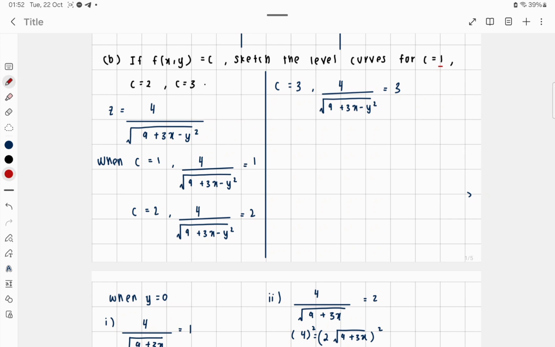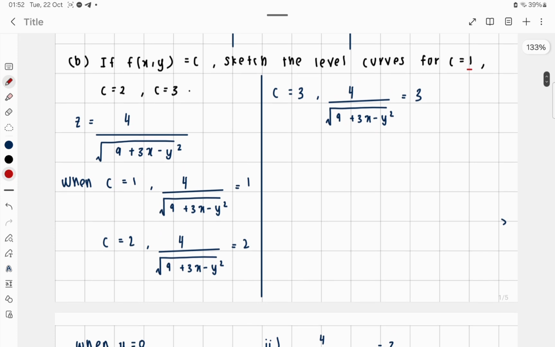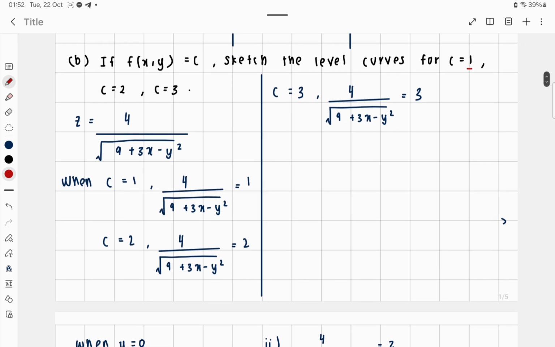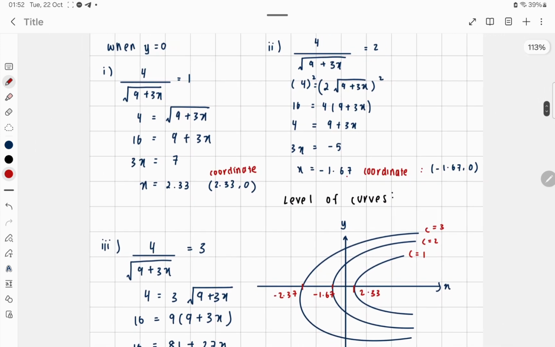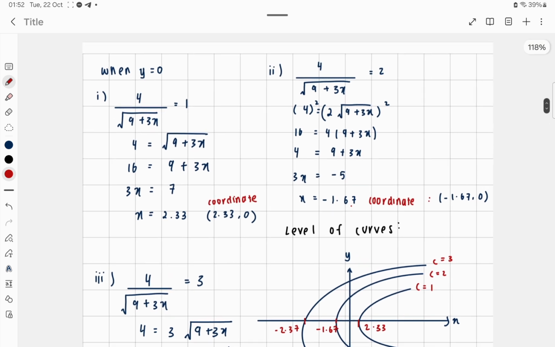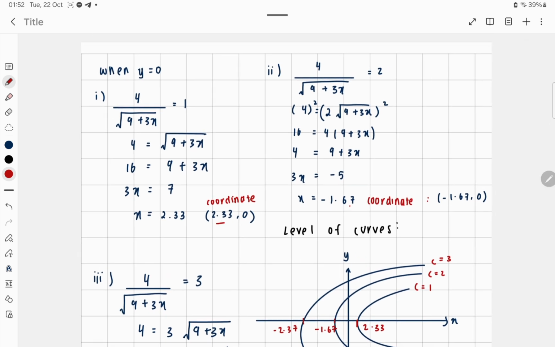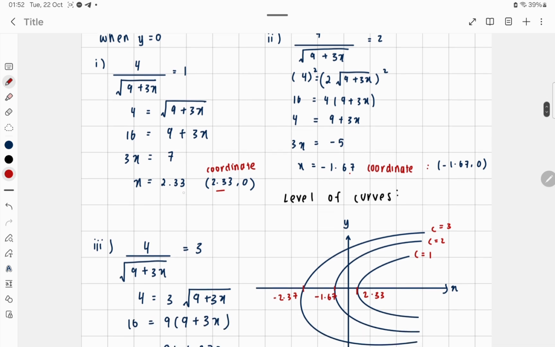11b, if the function f(x, y) is equal to c, sketch the level curves for c equals 1, 2 and 3. For this question, I need to substitute z with every value of c given, and equate it to 4 over the square root of 9 plus 3x minus y squared. To sketch the level curves, I find the x coordinate by letting y equal 0, and then calculate for each level curve c equals 1, 2 and 3.